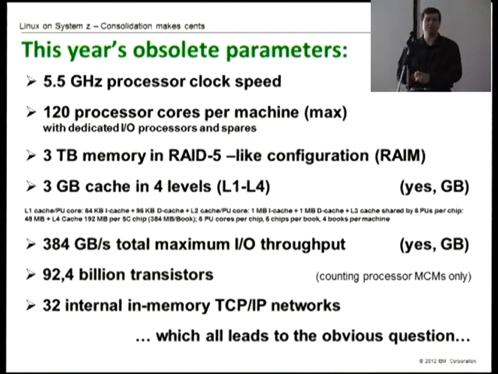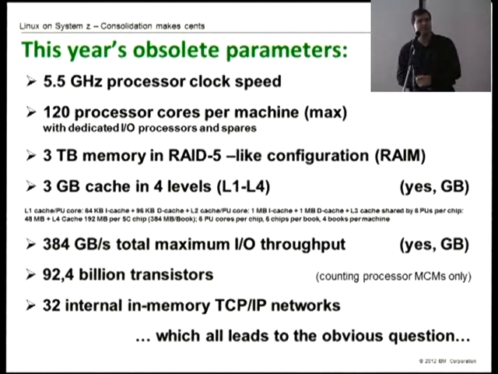120 processor cores per one physical machine, that's the maximum. 3 terabytes of memory in something we call RAIM, which is something like RAID 5 for memory. 3 gigabytes cache, and yes, that's gigabytes, in 4 levels, 1 through 4. And if you're interested in details, you can read the fine print and find out how that figure is arrived at. 384 gigabytes per second total maximum I/O throughput, not processor throughput, but I/O channel throughput.